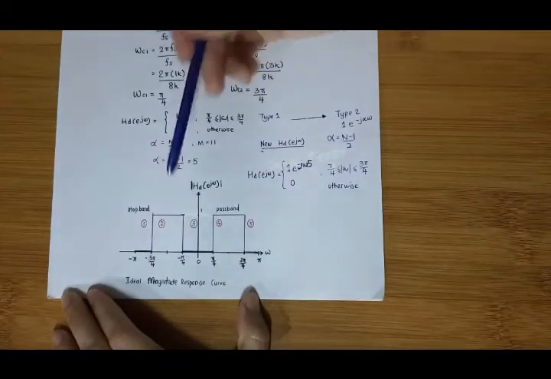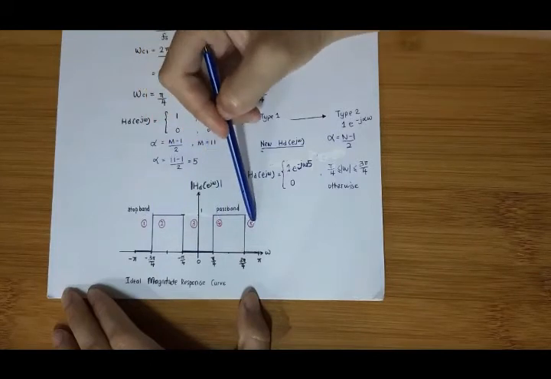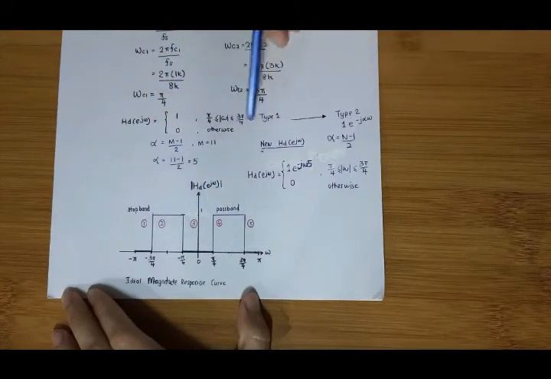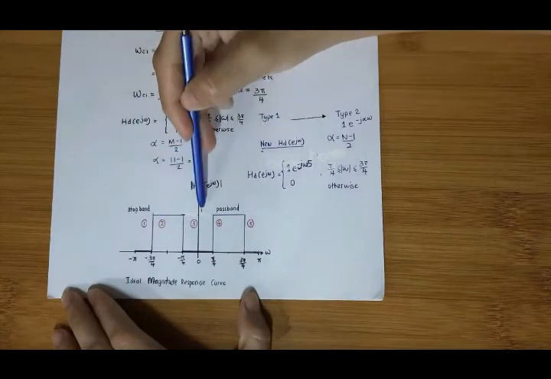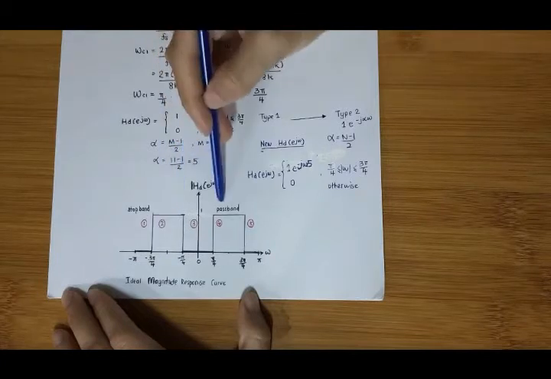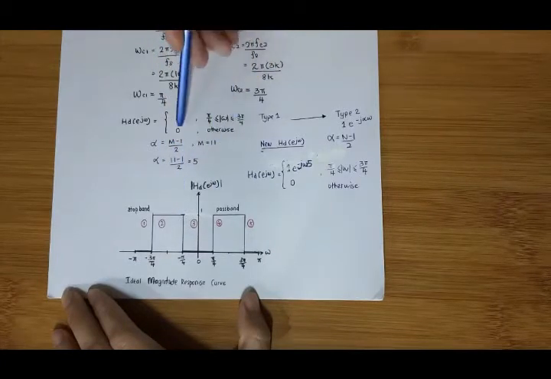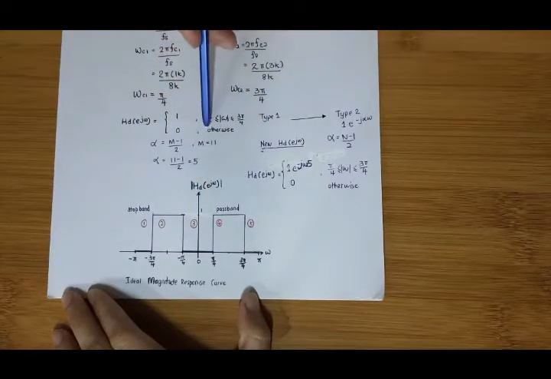So basically we have 5 parts. Here is allowed to pass, we put 1, when pi divided by 4 is less than the modulus of omega, because of negative and positive, until 3 pi over 4. Otherwise, 0, so these 3 parts are 0.